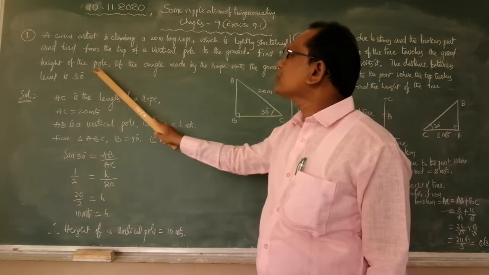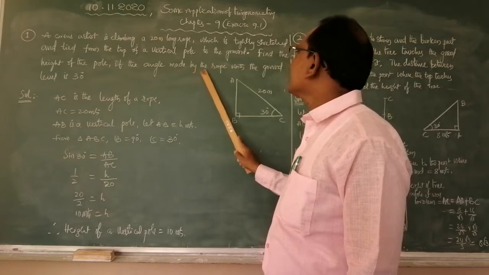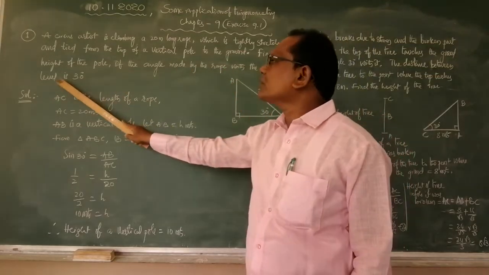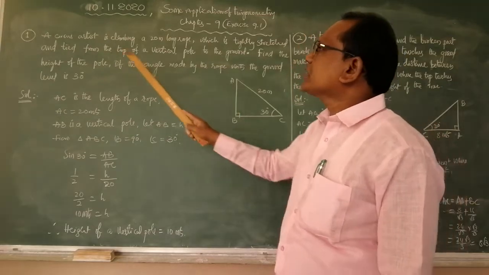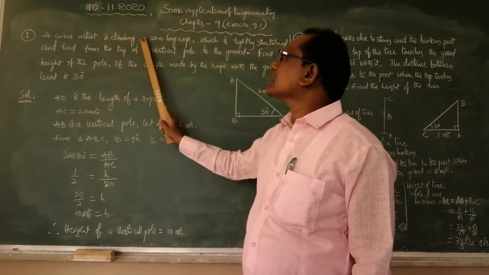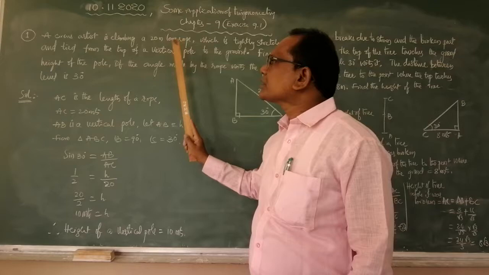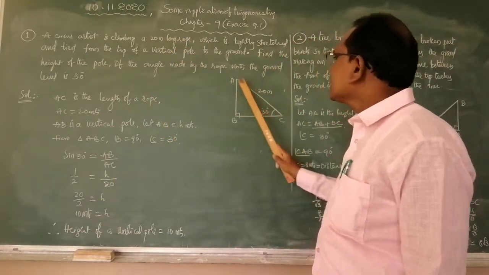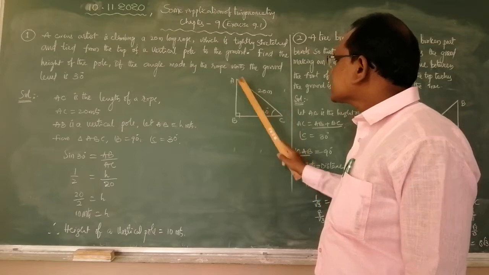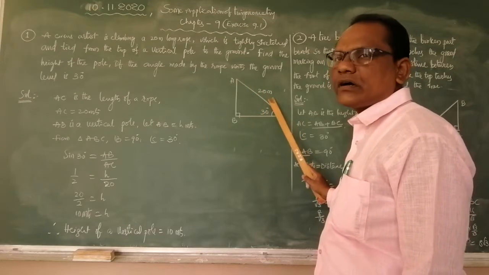Find the height of the pole if the angle made by the rope with the ground level is 30 degrees. Once again, a circus artist is climbing a 20 meters long rope. In the given diagram, where is the long rope? This is the long rope. AC is the 20 meters long rope.